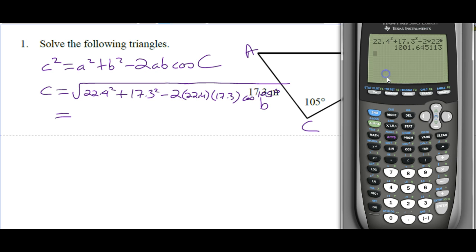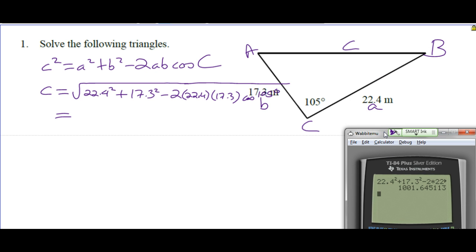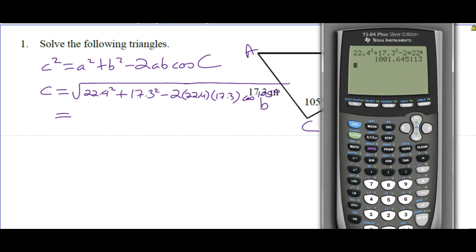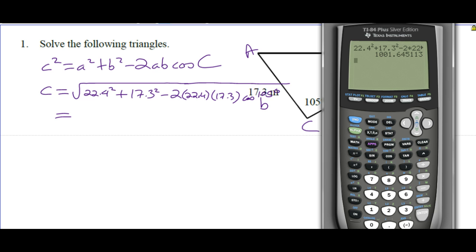Wow, does it make sense that if this side is 17 and this is 22, that this is 1001? No, that's way too big, right? If I flattened this out, it would still only be less than 40, be 39.7. So it can't be 1001. It's 31.6. Right. So what do we do? We go, oh, wait, I forgot to take the square root. So square root, second answer, 31.65, whatever, right?